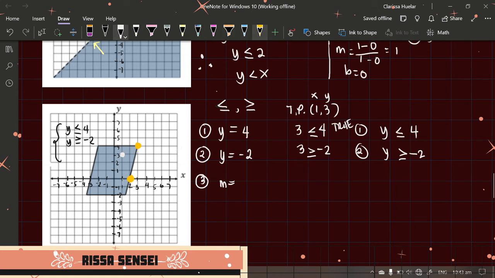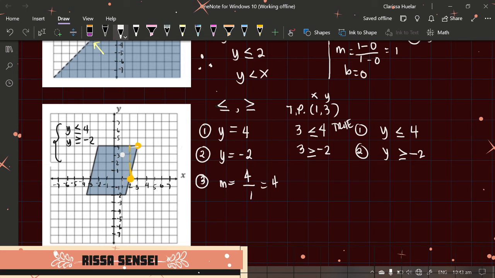Rise. So, from this point, punta tayo dun sa itong point na to. So, 1, 2, 3, 4. So, ang rise natin ay 4 over, ang run natin ay 1. 4 over 1. Therefore, the slope is 4. Positive kasi pumunta siya sa kanan.